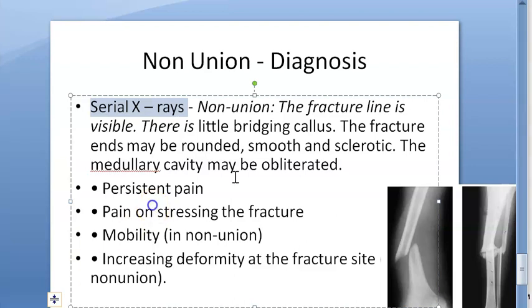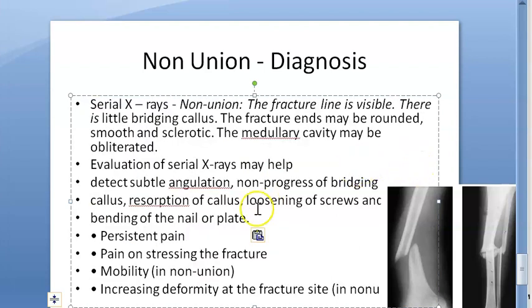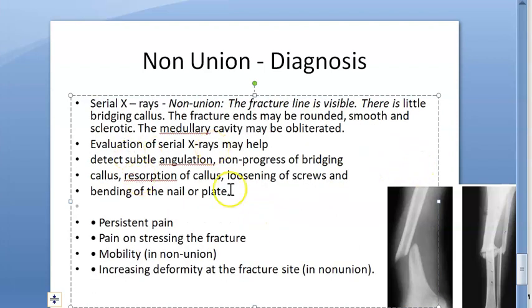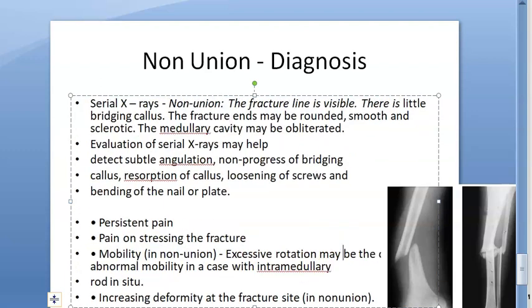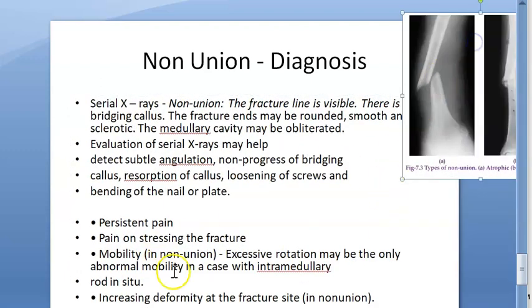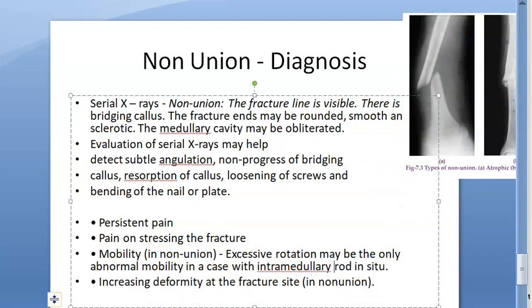Series of X-rays you may need, because how will you note that there is bending of the nail or plate, etc., right? Here, on mobility, they are talking about one thing: understand that excessive rotation may be the only abnormal mobility in case of an intramedullary rod in situ, right?